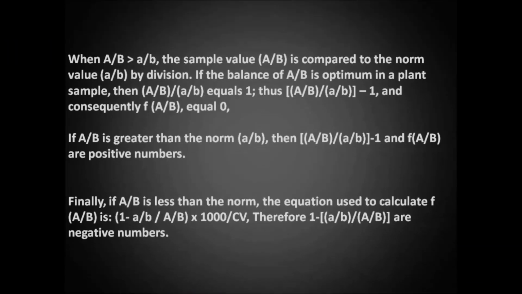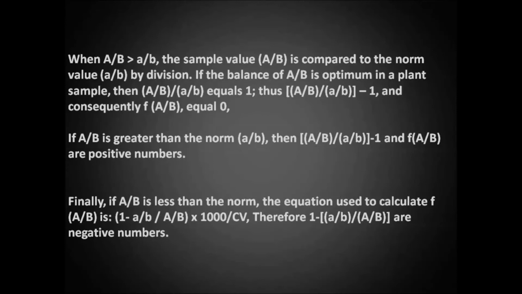In development of DRIS indices, capital A by capital B means the ratio of nutrients in the plant to be diagnosed. Small a by small b means the standard value developed from DRIS norms.